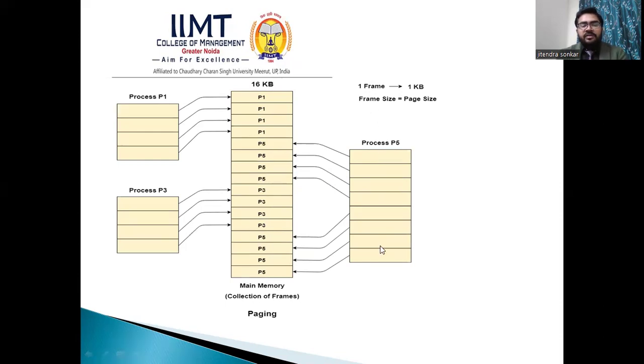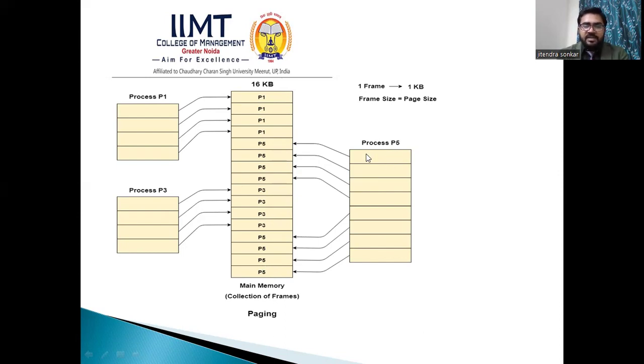As we can see in the figure, process P5 takes an address space in the memory where separate spaces are available.